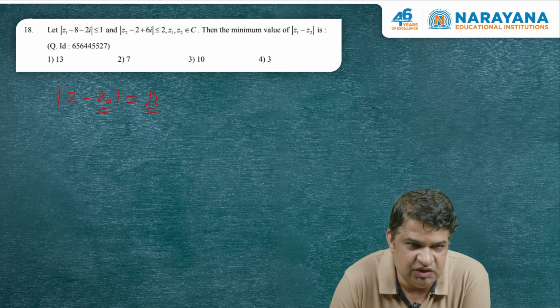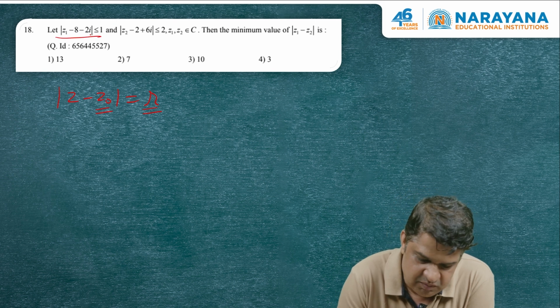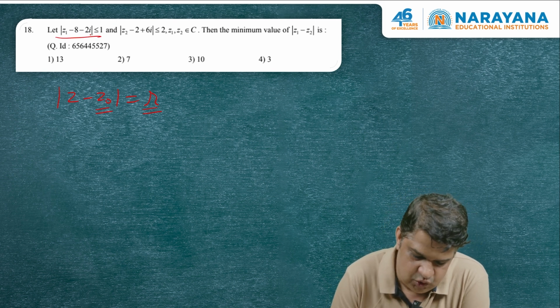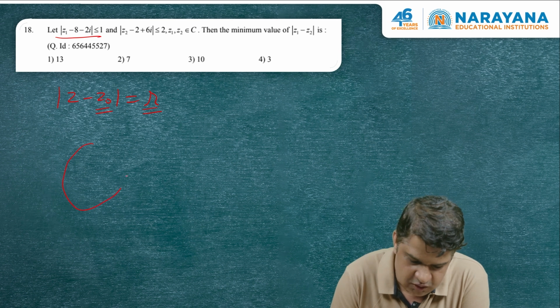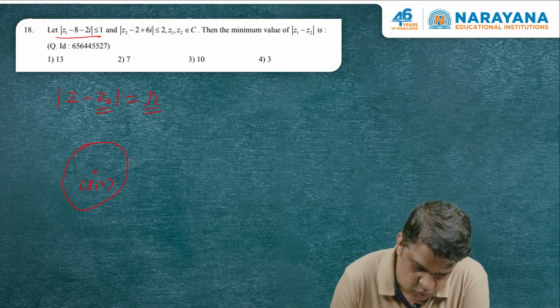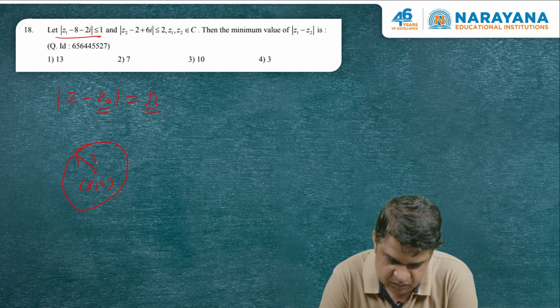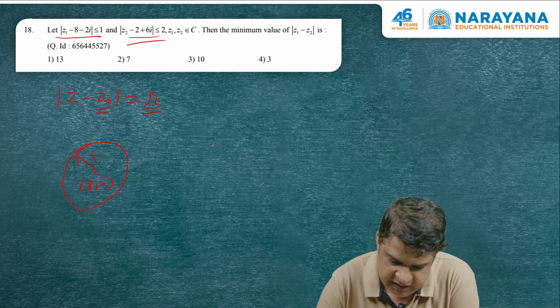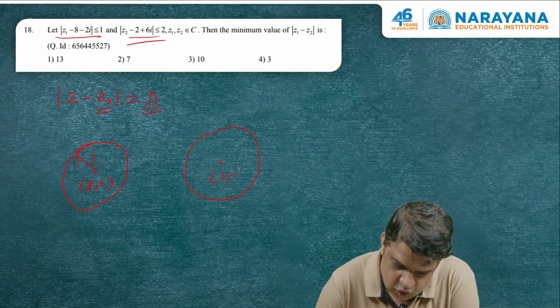According to the first equation, mod of z1 minus 8 minus 2i less than or equal to 1, z1 lies on or inside a circle whose center is (8, 2) and radius is 1, and z2 lies on or inside a circle whose center is (2, minus 6) and radius is 2.